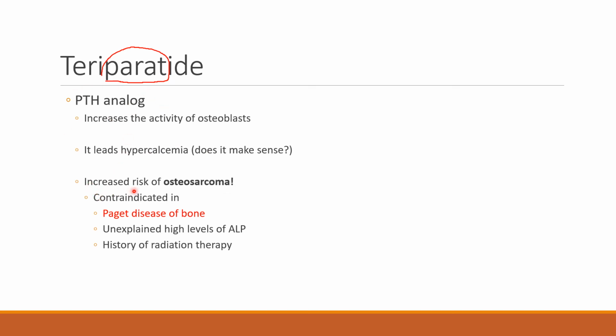And it increases the risk of osteosarcoma, which should also make sense. It is contraindicated in Paget disease of bone, and also unexplained high levels of ALP and history of radiation therapy. This could be more important in Step 1 settings, but also in Step 2. And Paget disease of bone is really important.